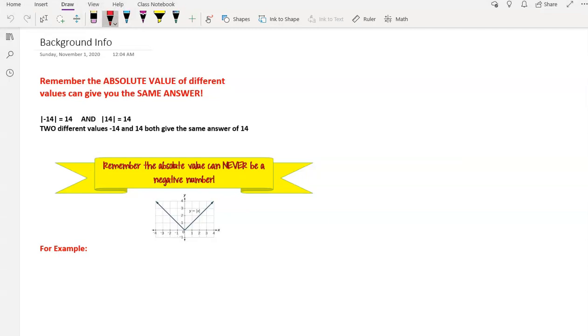Okay, so let's look at some examples of what I'm talking about. If I had something inside of my absolute value bars and they told me that this answer was negative 10, I can automatically just stop. This is going to be no solution. Why do we know that?